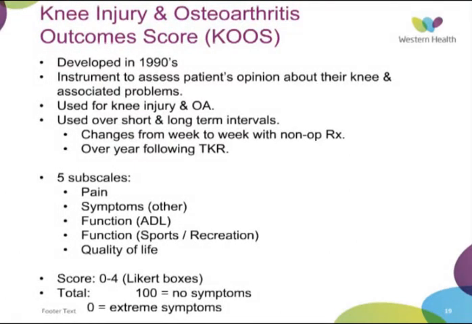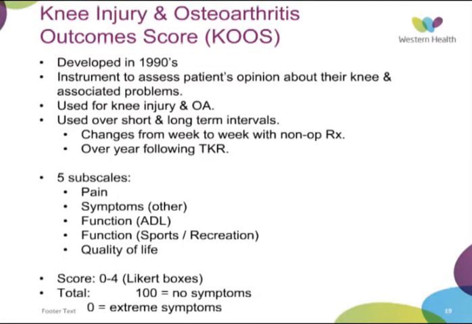Another one is the KOOS, the Knee injury and Osteoarthritis Outcome Score. That was developed in the 1990s, and it assesses the patient's opinion about their knee and any associated problems with their knee joint.